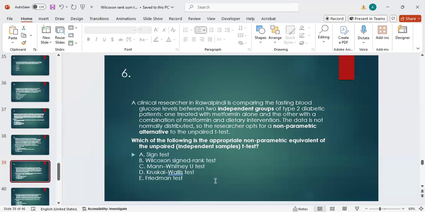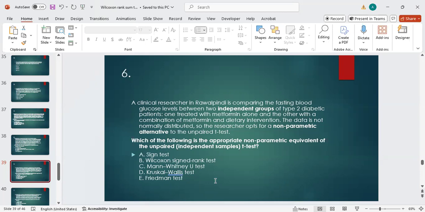A clinical researcher in Rawalpindi is comparing the fasting blood glucose level between two independent groups of type 2 diabetic patients, one treated with metformin alone and the other with a combination of metformin and dietary intervention. The data is not normally distributed, so the researcher looks for a non-parametric alternative to the unpaired t-test.